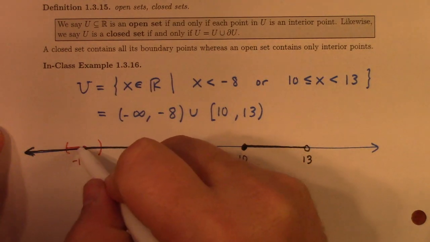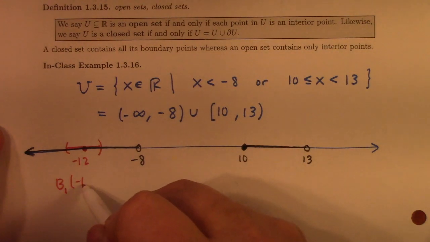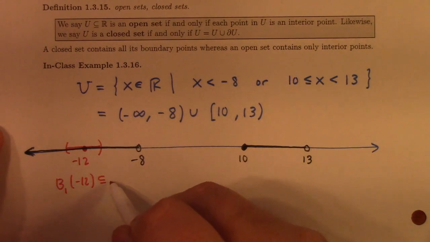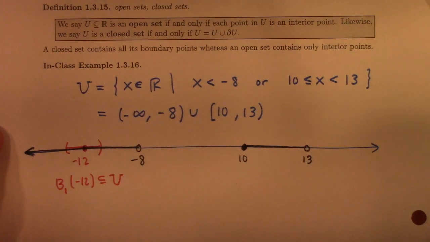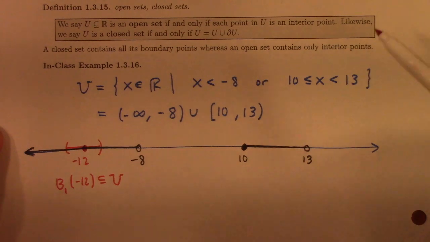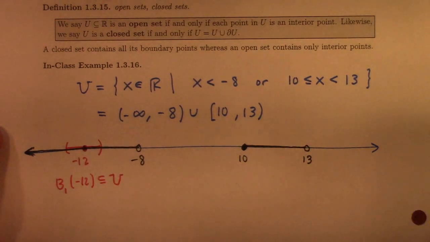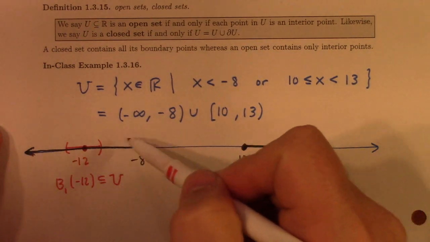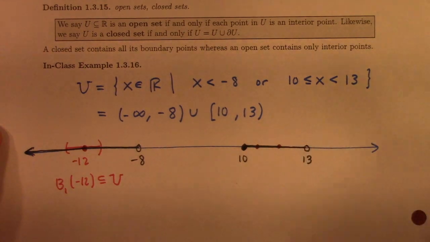The ball of radius 1 centered at -12 is clearly a subset of U, right? That means that -12 is what's called an interior point, all right? If you can fit a little open neighborhood around the point, that makes it an interior point. So in short, anything away from the boundary points is an interior point. There's infinitely many of them.